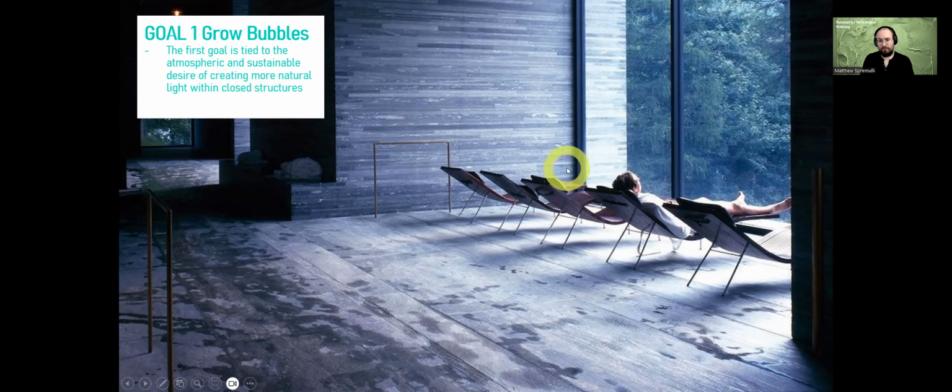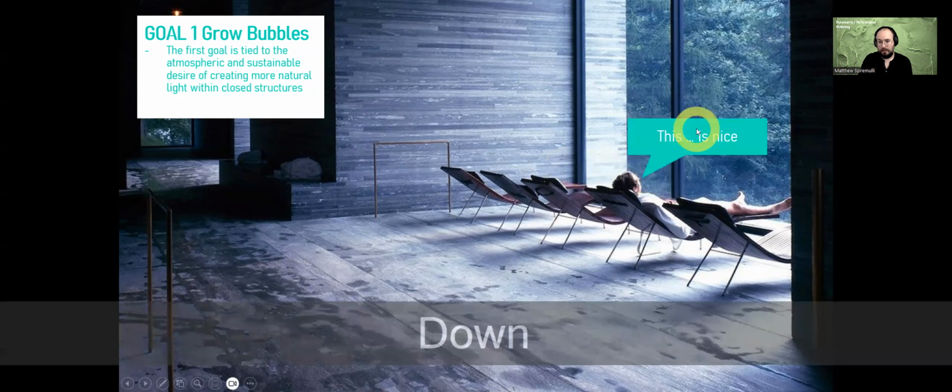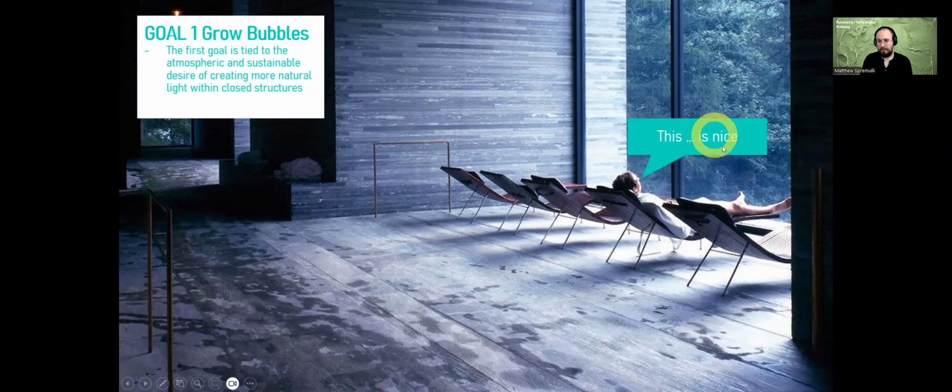So if I'm making these circular enclosed buildings as little caves, I'm cutting them open and allowing natural light in and allowing somebody to look out into that forest and back at the cave and maybe remark that it's a really nice experience.